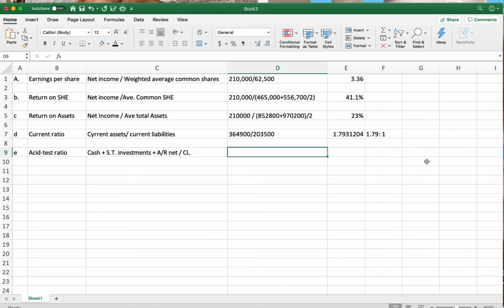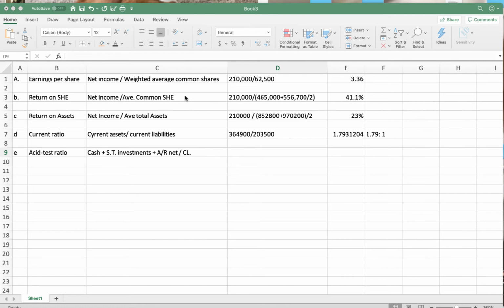So what numbers are we using? Well, that's pretty easy. Remember, we're calculating for 2017. There's a number of ways you can do this. You can take your cash, which is $60,100, take short-term investments, $64,000, and take net accounts receivable and add them all up, right? We could do that.